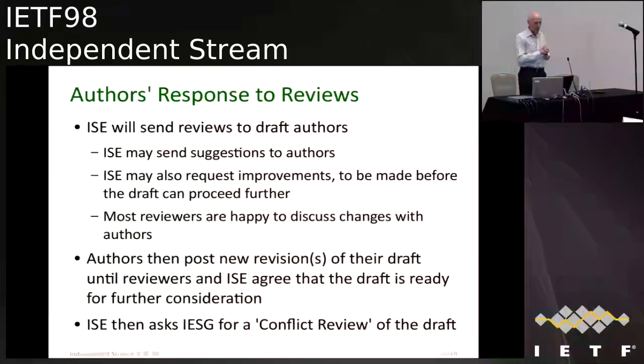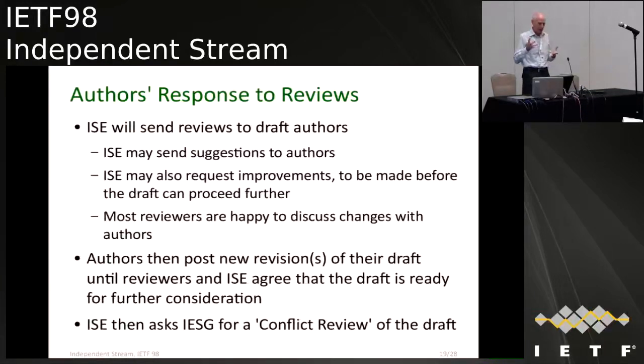So when the ISE has got some reviews back, he sends copies of those to the draft authors. He may also send suggestions and request improvements to be made before we can get any further with the draft. And unlike a paper being submitted to an academic journal where you don't know who the reviewer is, most reviewers are perfectly happy to swap emails and help the authors make the changes, so that we get everything in really good shape before trying to go any further.